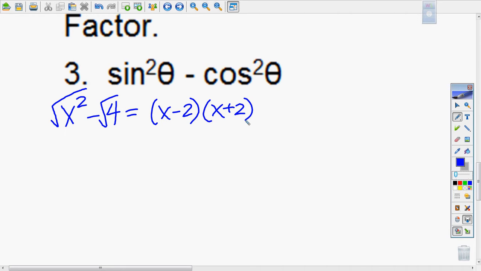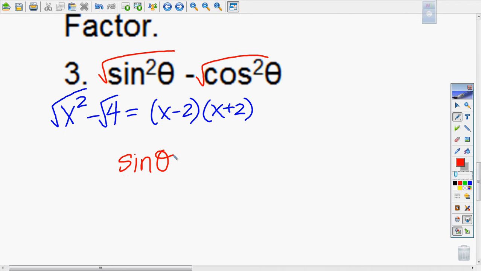Yes? No? Maybe so? So if I look right here, I have sine squared theta minus cosine squared theta, and I want to factor that. So what I did in algebra, I'm still going to do here. I'm going to take the square root of both terms. What's the square root of sine squared? Sine.